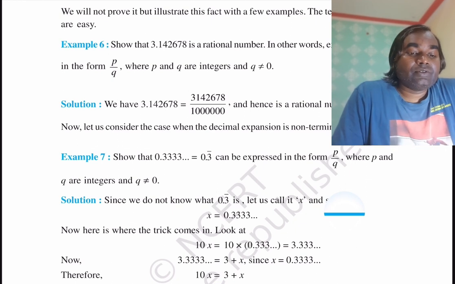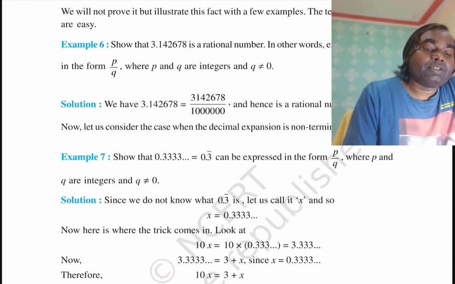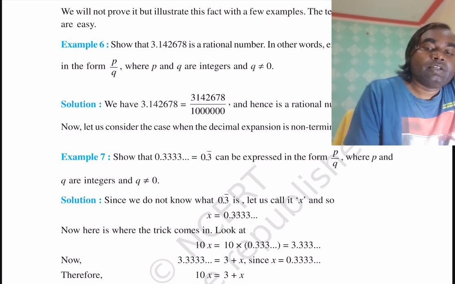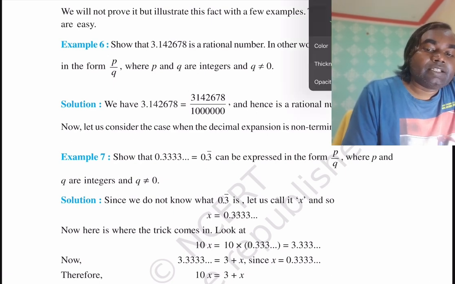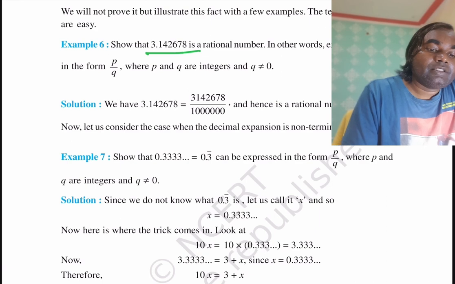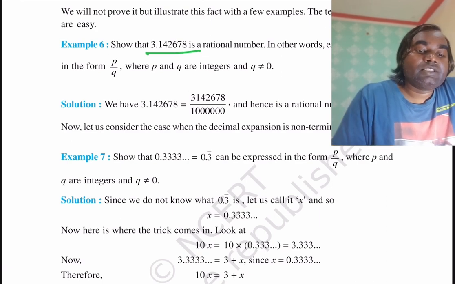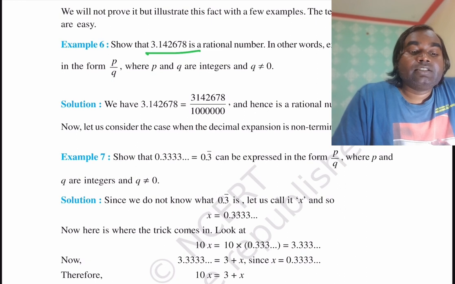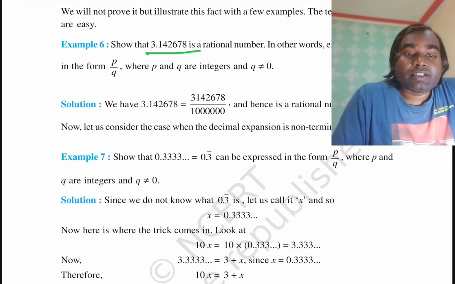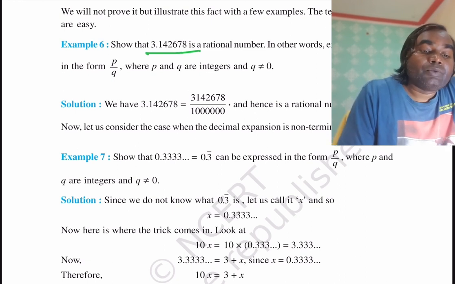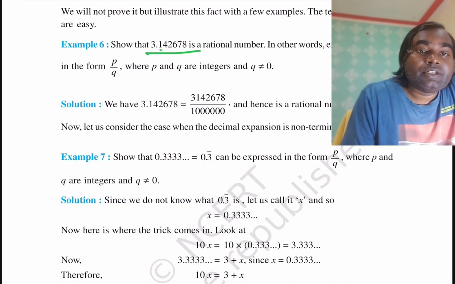Let us take an example. If you take 3.142678 and you want to get back the ratio format, we count the number of digits after the decimal point. So here there are 6 digits.